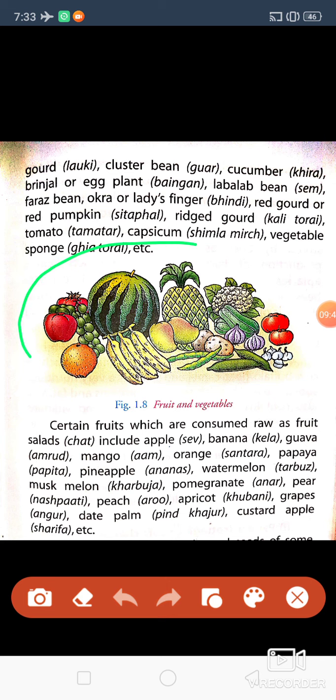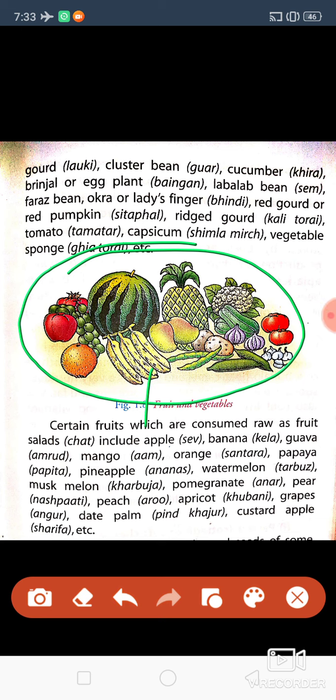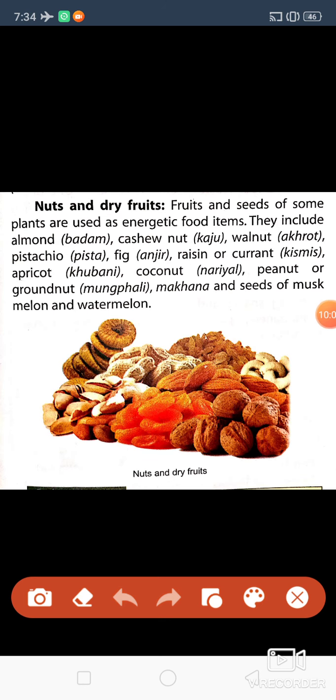Now you can see here various types of fruit items, isn't it? Bananas, apple, so many fruits are there. Okay, so you can write the definition and give the examples also. Got it? Now, what are nuts and dry fruits?